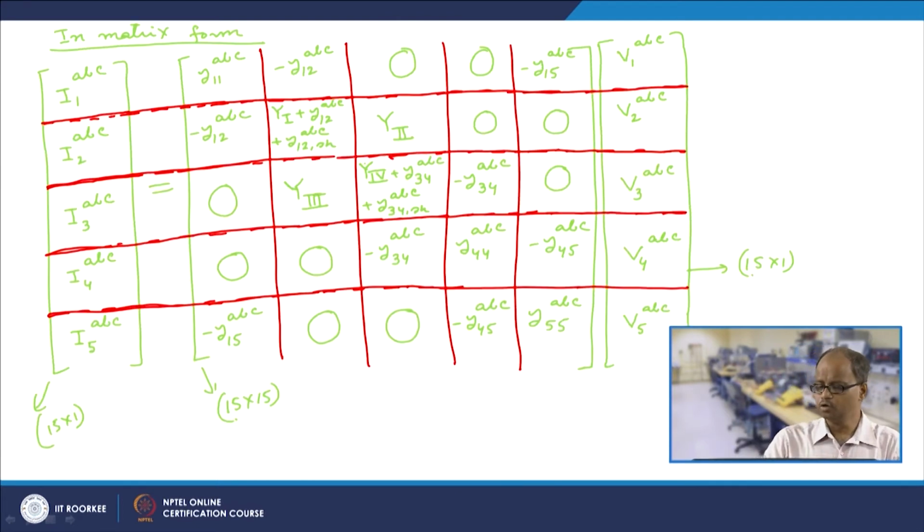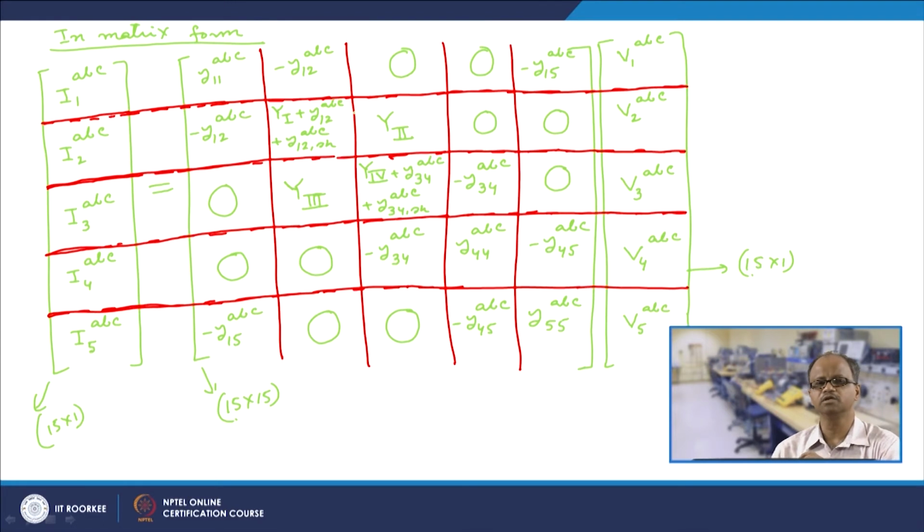Right now, just by looking at this particular matrix, it is not very clear where these elements will be appearing. We are only able to say that because this particular transformer is connected between bus 2 and bus 3, these 4 matrices Y1, Y2, Y3 and Y4 appear only at the elements connected to bus 2 and bus 3.